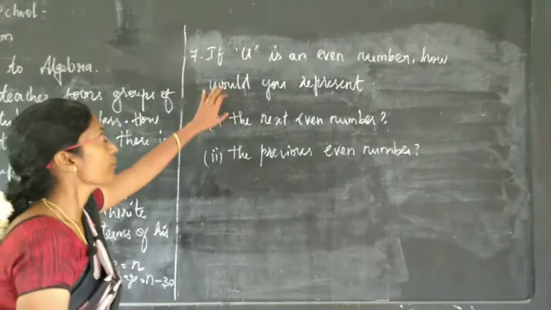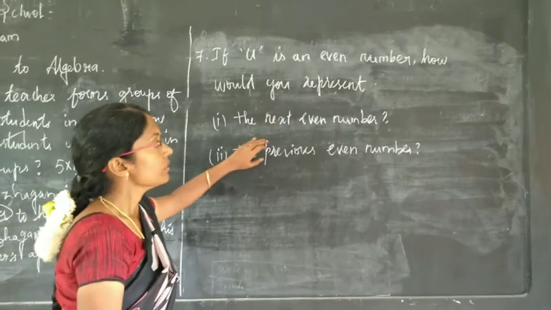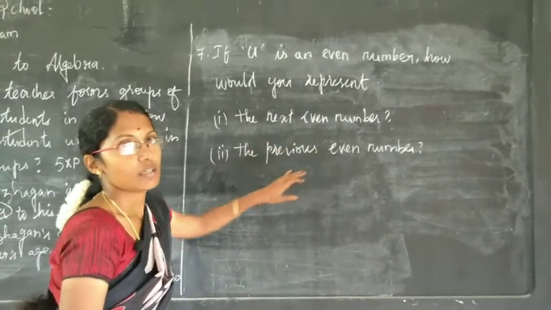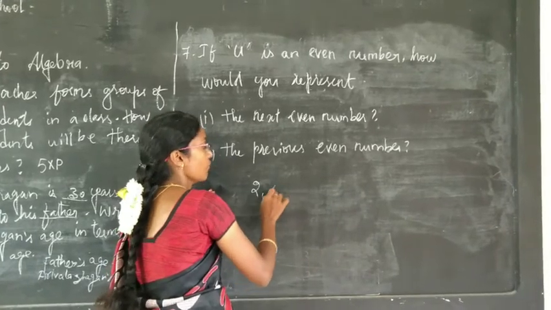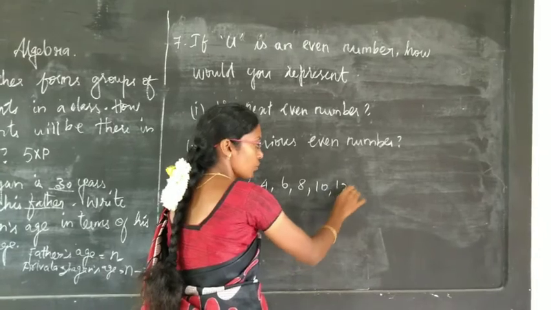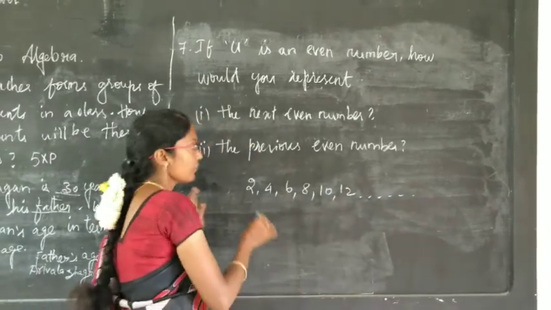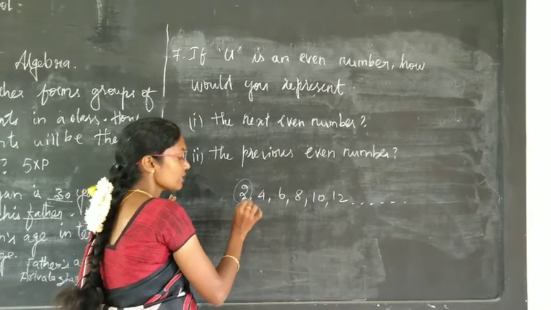Next question, if u is an even number, how do you represent the next even number? Even numbers are 2, 4, 6, 8, 10, 12, like that it will go on. If u is an even number, consider 2 as u.